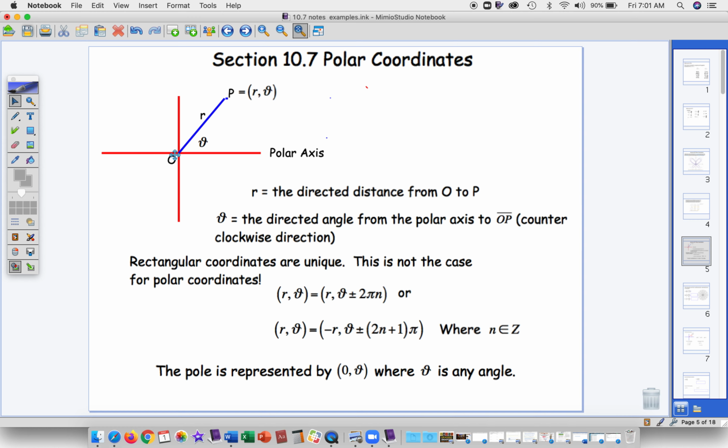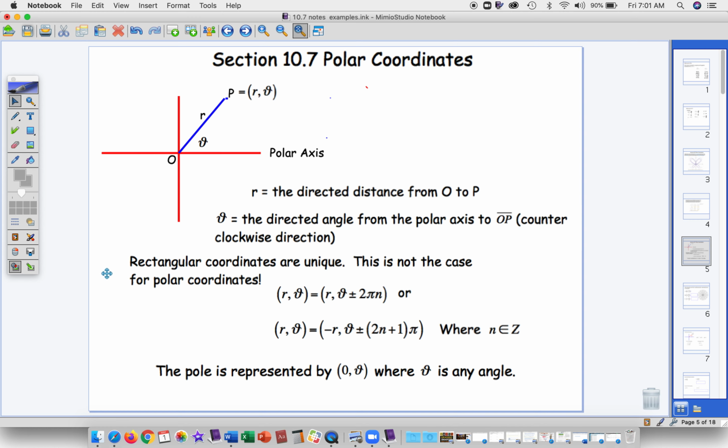R would be the distance away from the pole, the directed distance from O to P. Theta is the direction angle from the polar axis to OP. And we always go in a counterclockwise direction, just like we have in the past with the unit circle.